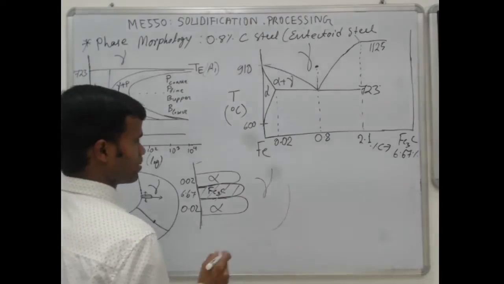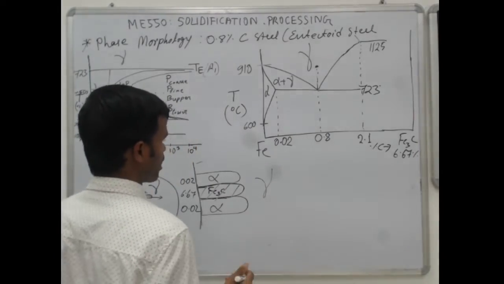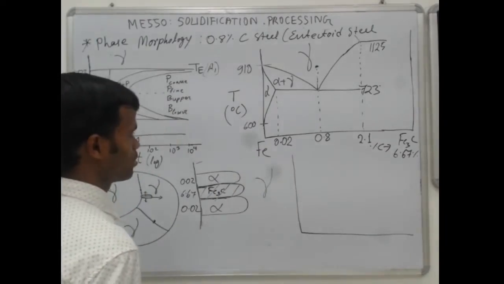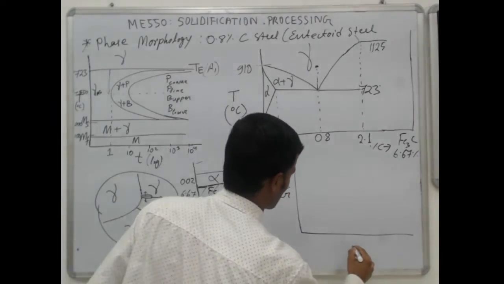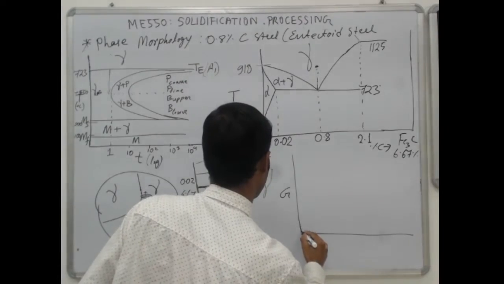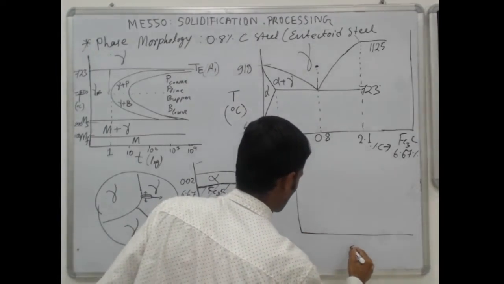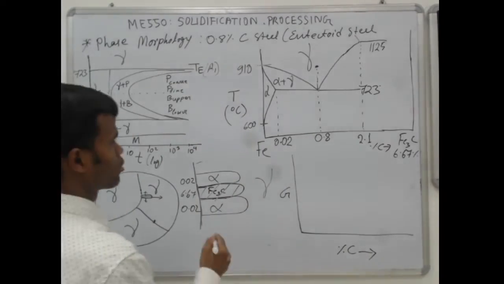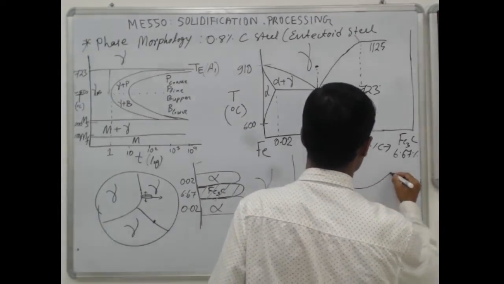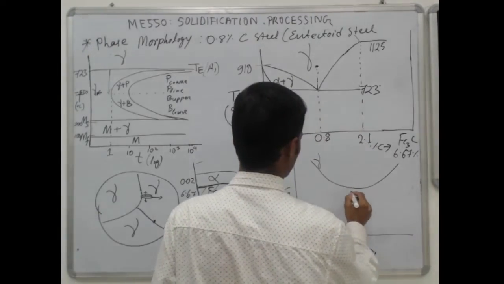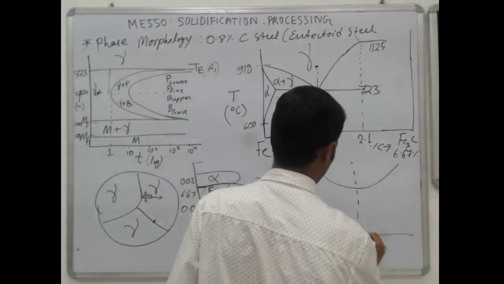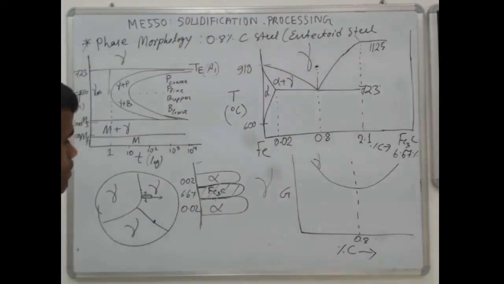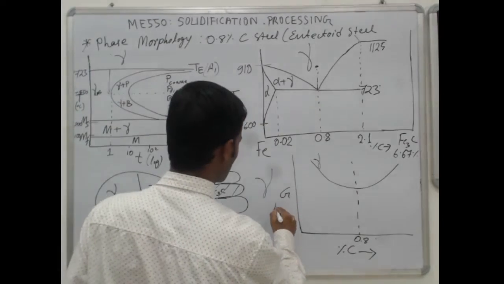But how will that happen? Suppose you draw the free energy versus composition, say carbon percentage. This is gamma, the 0.8% carbon austenite, and G is the free energy.